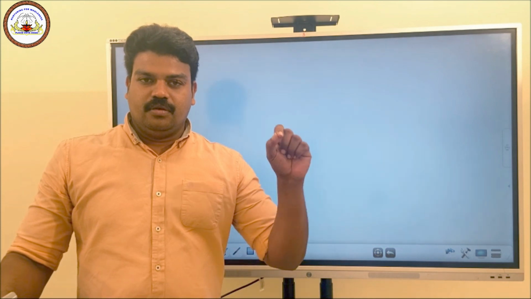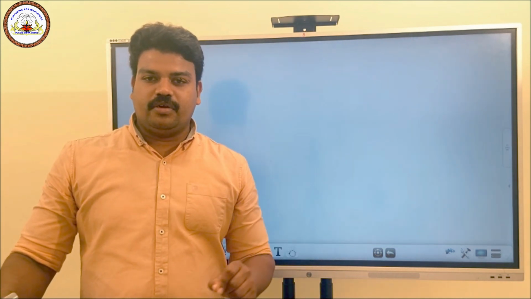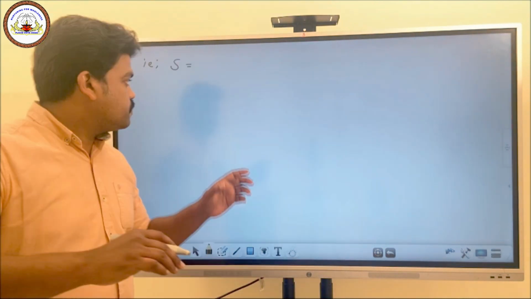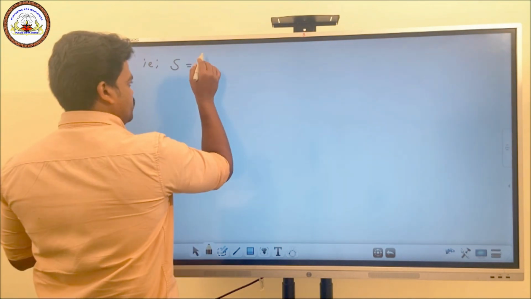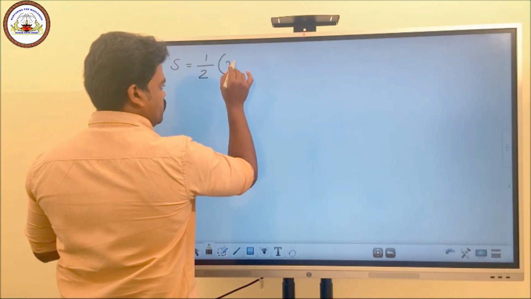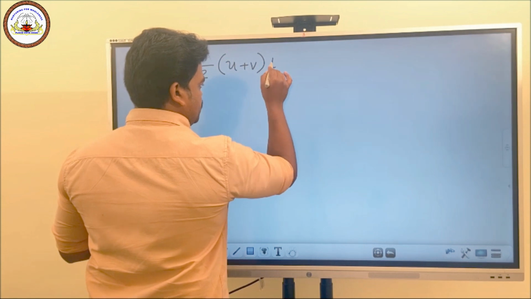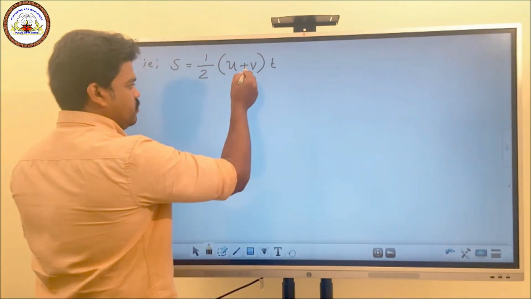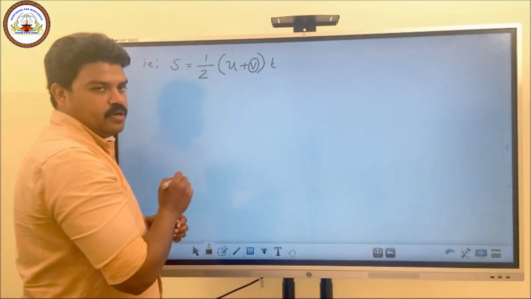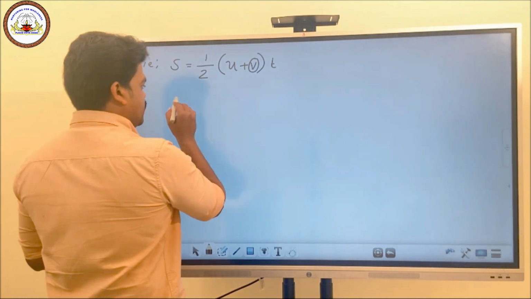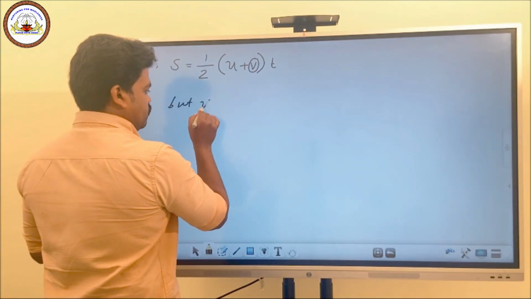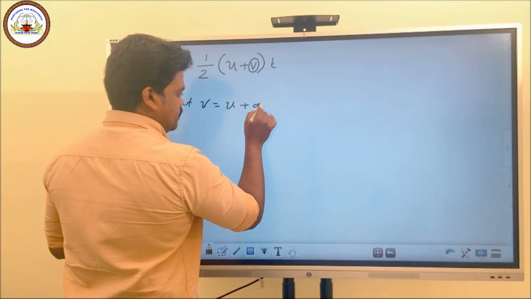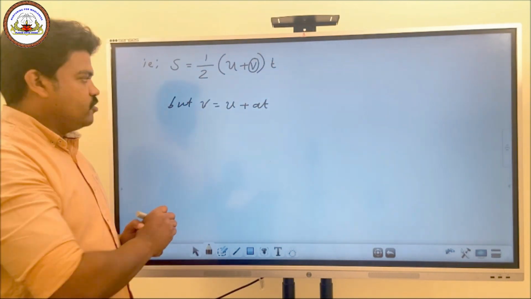The area under the velocity-time graph is displacement, so displacement S is equal to half into (U plus V) into t. Now we replace V according to the relation V is equal to U plus AT.